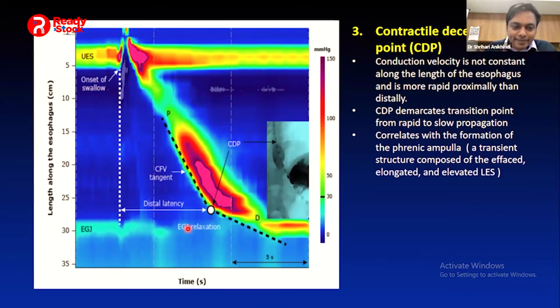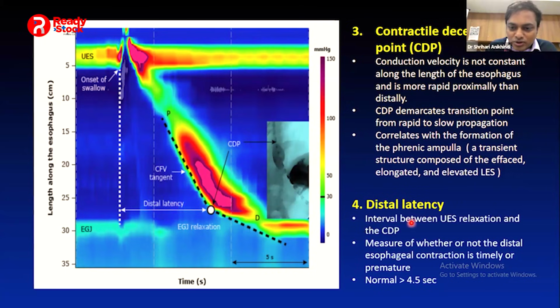The ultimate aim of esophageal peristalsis is to make sure that the bolus that we eat propagates and goes beyond into the stomach. Okay. So for that, it requires a coordinated effort of the esophageal peristalsis. So if the peristalsis is too fast, what will happen? The distal latency will become smaller and that is a detriment. That will not lead to bolus transit and that will lead to dysphagia. Okay, so that is what is distal latency.